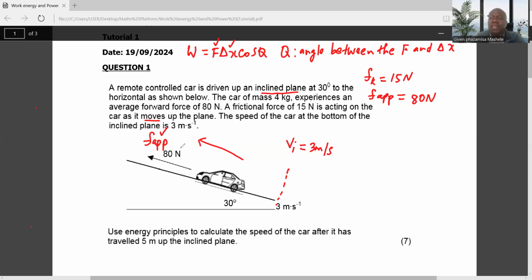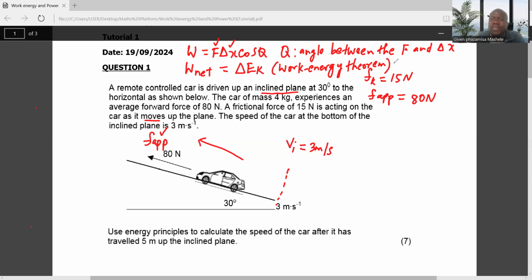We also have another formula, which we call the work-energy theorem, which states that the net work done on an object is equal to the change in the kinetic energy of the object. So this is the work-energy theorem. It's very important to be able to know this work-energy theorem formula.